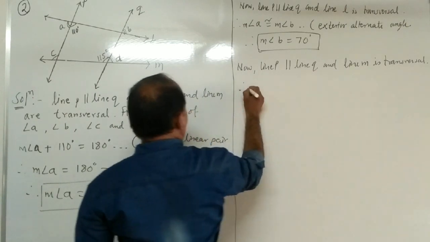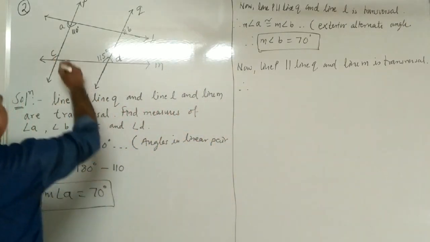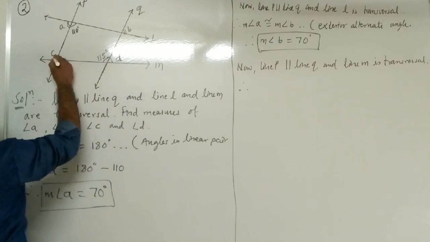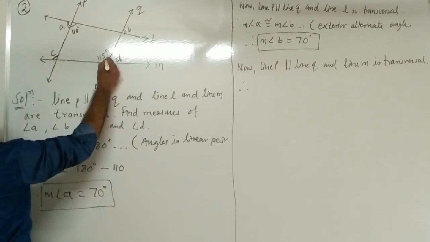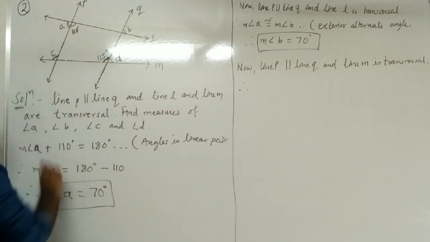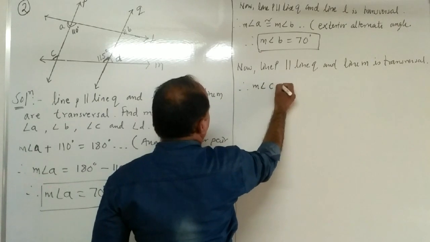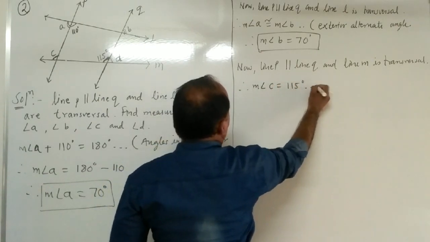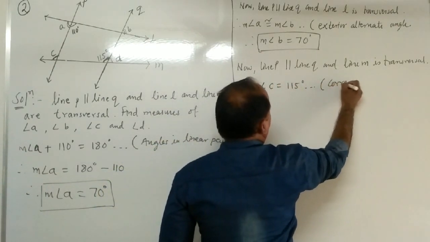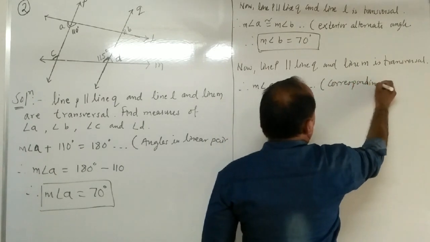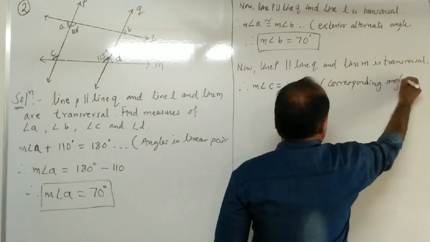Therefore, measure angle C: this line P is parallel to Q and line M is the transversal. So angle C is equal to 115 degrees, corresponding angles. Measure angle C is equal to 115 degrees, by the corresponding angle theorem.